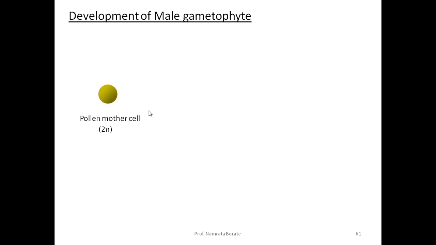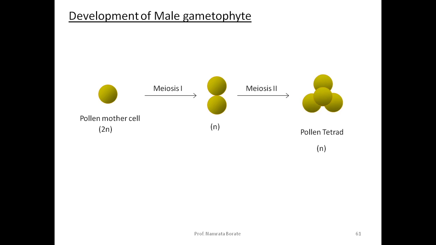This microspore mother cell or pollen mother cell undergoes meiotic division, forming a haploid pollen tetrad. Out of these 4 pollen grains or microspores, 3 degenerate and 1 is functional. This functional one acts as the pollen grain.